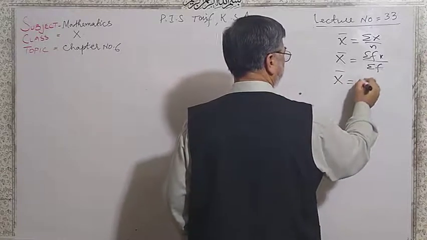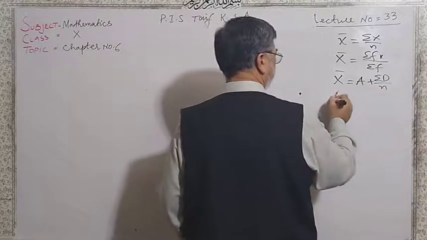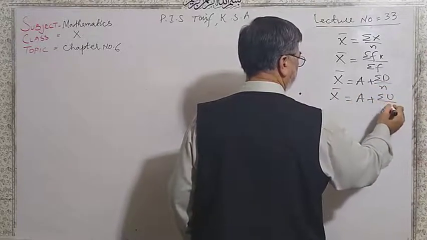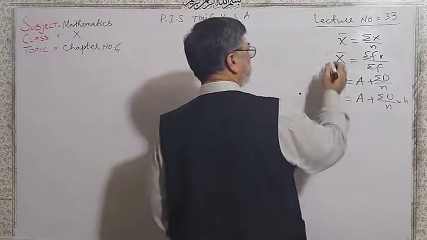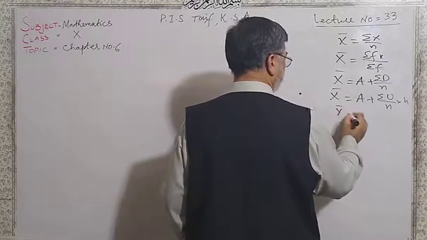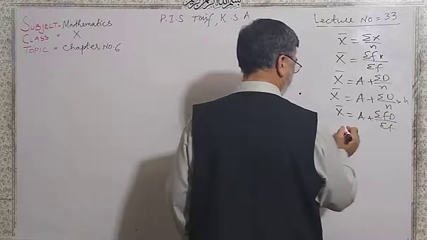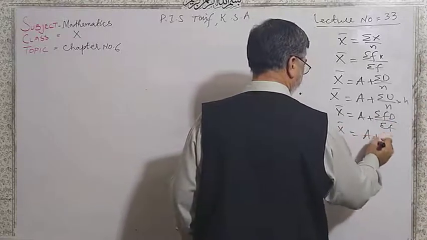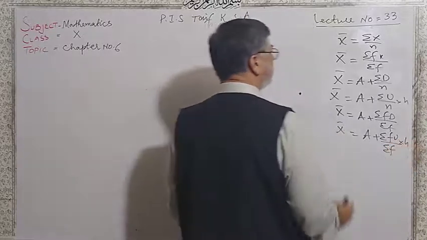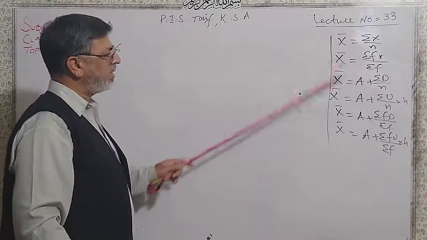Similarly, x bar is a plus sigma d over n, x bar is equal to a plus sigma u over n into h. Then this was actually grouped data. So x bar is equal to a plus sigma fd over sigma f. x bar is equal to a plus sigma fu over sigma f into h. So these are the formulas for ungrouped data and grouped data.